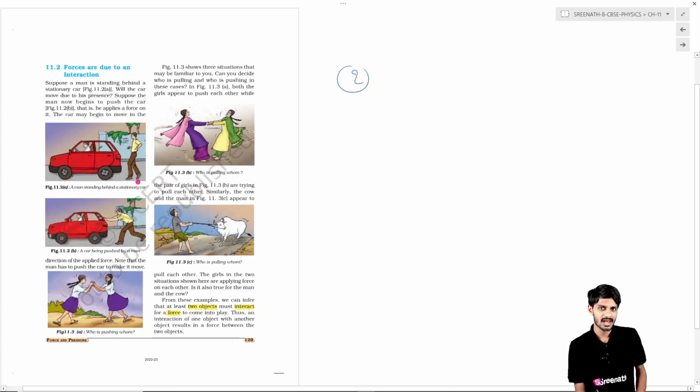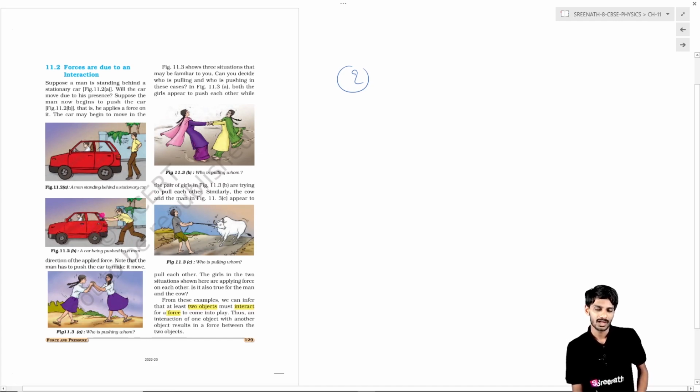He is standing there, he is not pushing or pulling. Due to the presence of him, does this car move? No. After that, what is he doing? He is touching the car, interacting with the car, and pushing the car. Does the car move? Yes, the car moves.